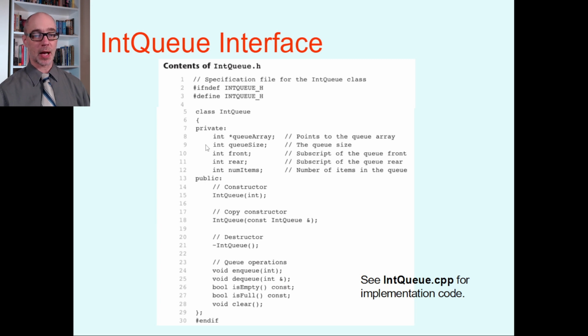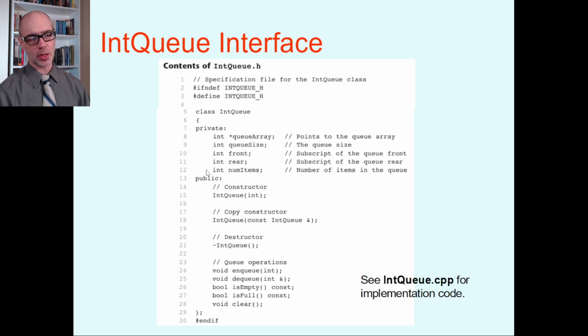And of course, you have to track the size of that array as always. So here's an integer called QSize. It's holding the fixed size of that array. That number is not going to change at all. It's representing the maximum number of things that you can store in this queue. Like we said, we're going to have subscripts for where the current front and rear indices are into that storage space.